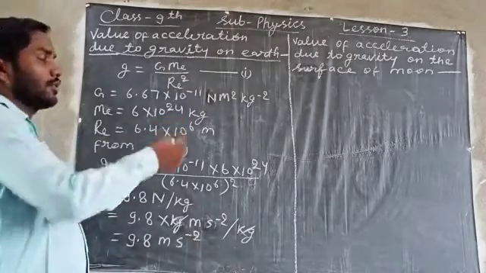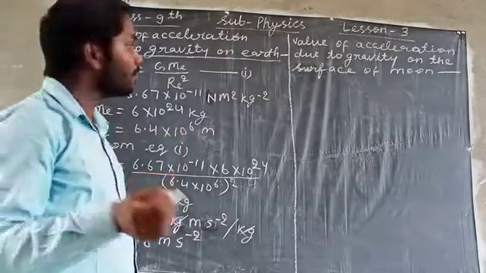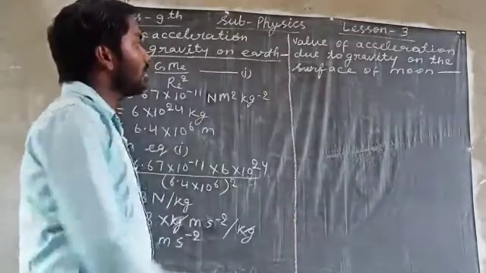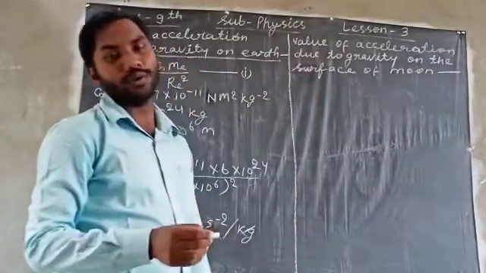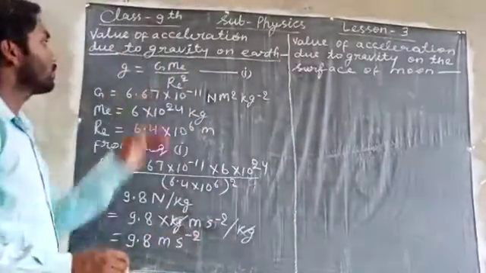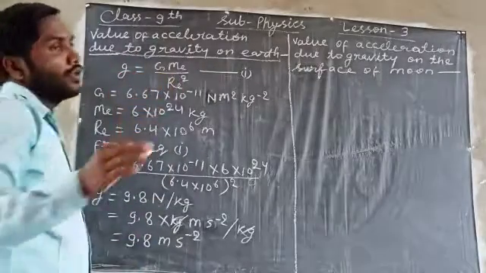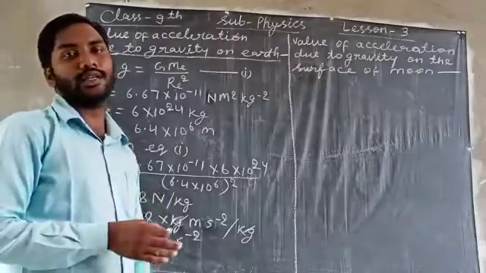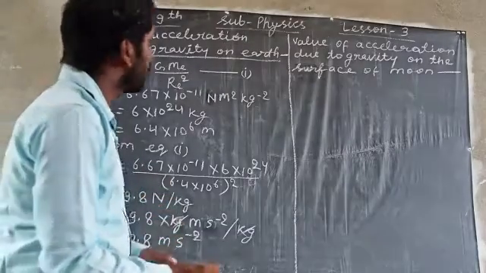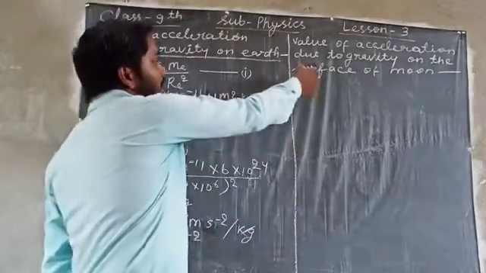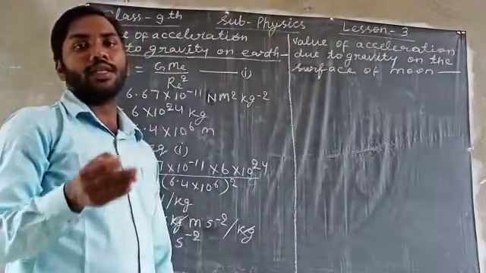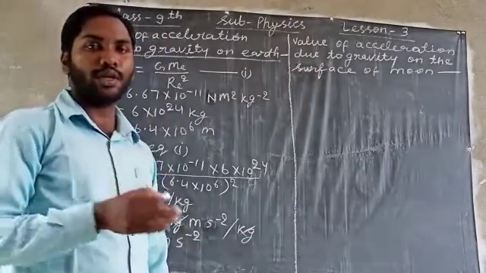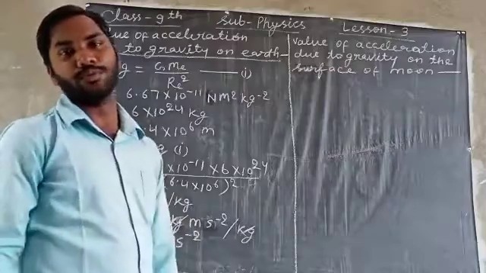Now after this, we will find the value of acceleration due to gravity on the surface of the moon. By this formula we can find the value of acceleration due to gravity, but in this case we will use the mass of the moon and the radius of the moon.